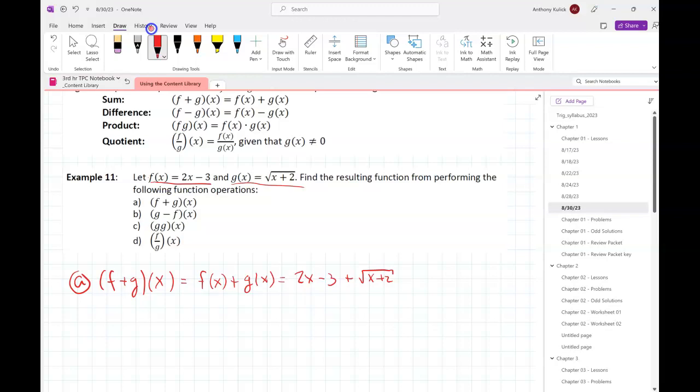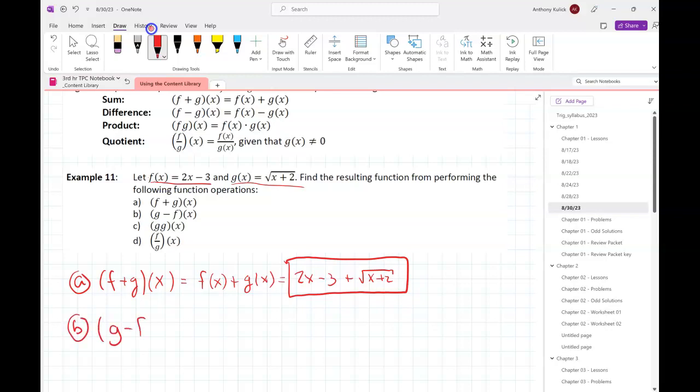Anything? No, right? The 2x and the 3 can't combine because they're not like terms. One has an x, the other doesn't. The stuff that's underneath the radical can't combine with stuff outside of a radical. So there's really nothing else to do here. So that's done.